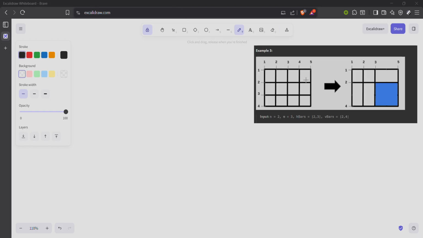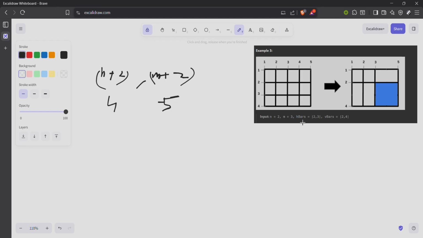For this example, we are given n equals to 2, m equals to 3. So the horizontal bars would be n plus 2, and the vertical bars would be m plus 2, that is 4 and 5, which is visible here.